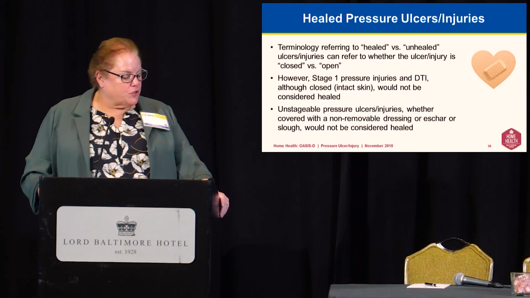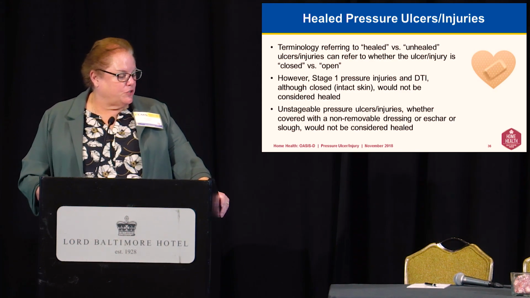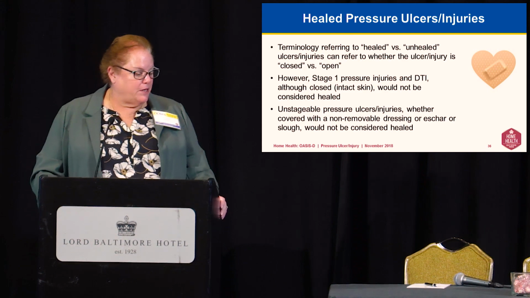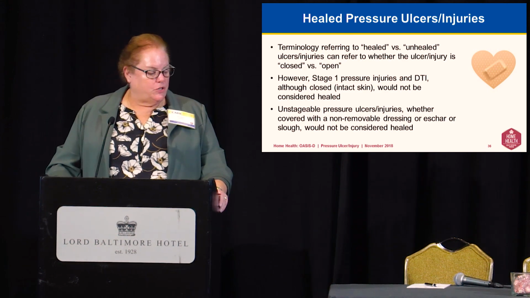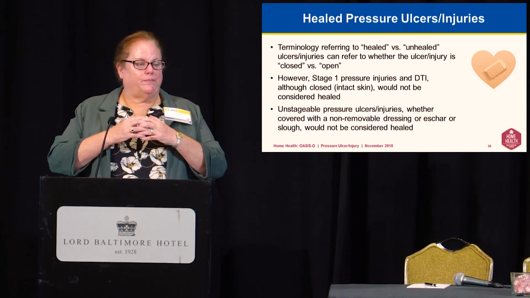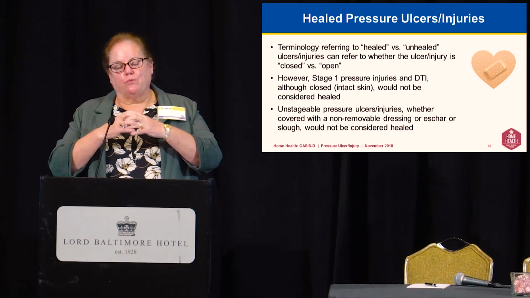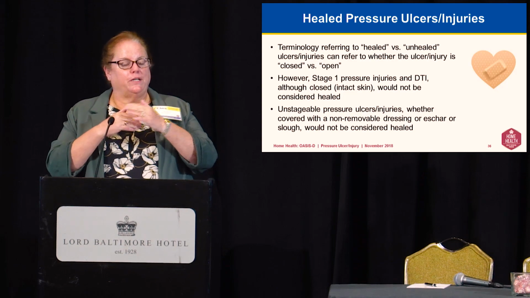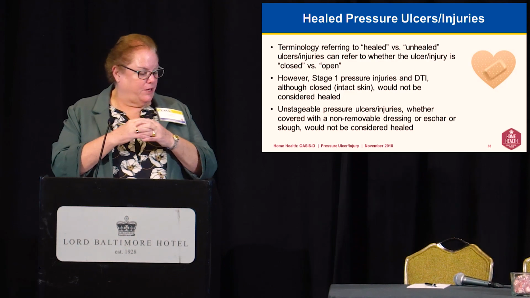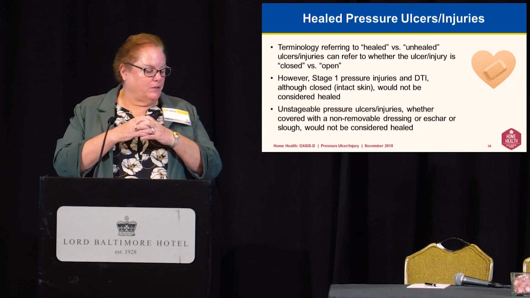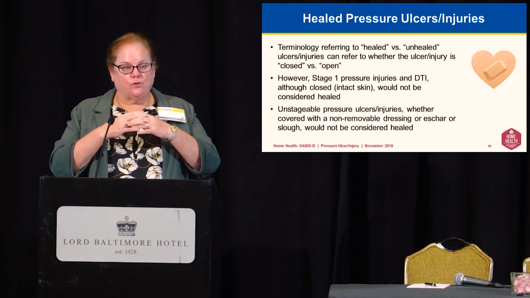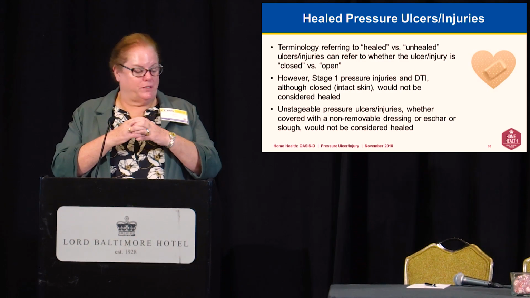However, stage 1 pressure injuries or deep tissue injuries, although closed, intact skin, would not be considered healed. The skin is intact, especially if it's that maroon color, but there's an injury going on underneath that. It still would be a deep tissue injury as described by our assessment.